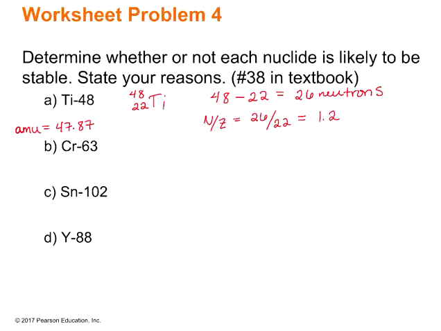So 48 is really close to that. So I'm inclined to say that this is a stable nuclide because the mass number is very similar to the average mass of titanium. And the ratio of neutrons to protons is pretty close to what we would want for a stable nuclide. Okay, so my conclusion there is that it is stable.